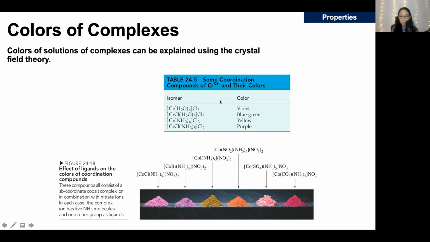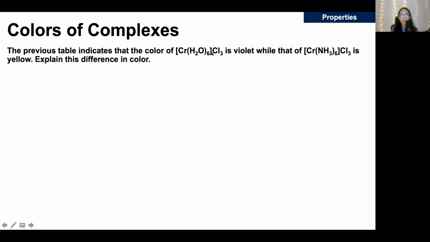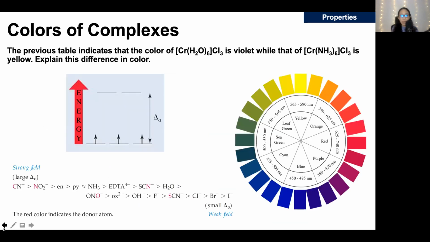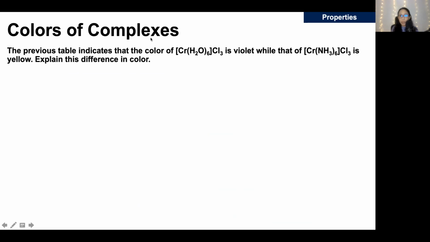So just appreciate the fact that by changing one ligand, you can change the color of your complex. Here we apply, class, what we have learned from the crystal field theory.